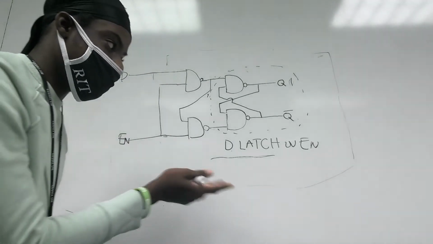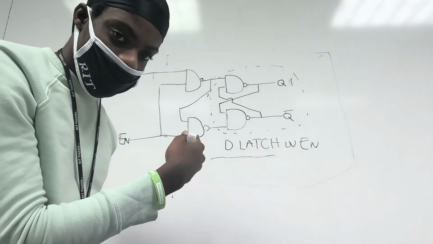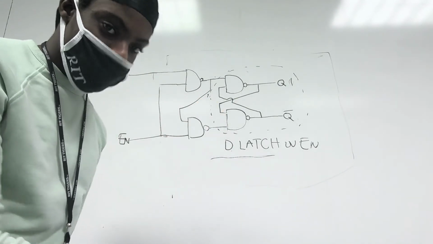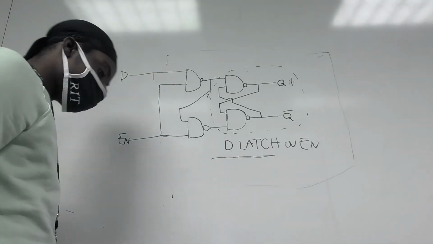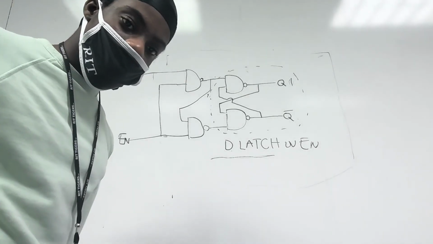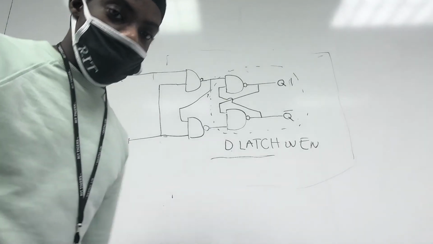This is still a D latch with enable, just wired differently and without a NOT gate. So now how do we get from this to a D flip-flop?